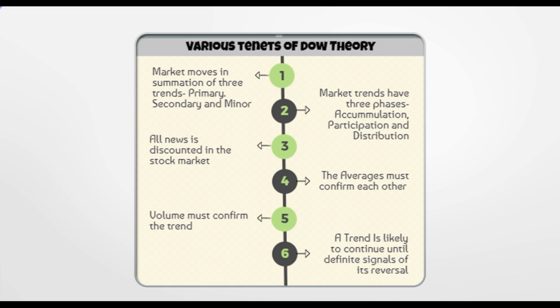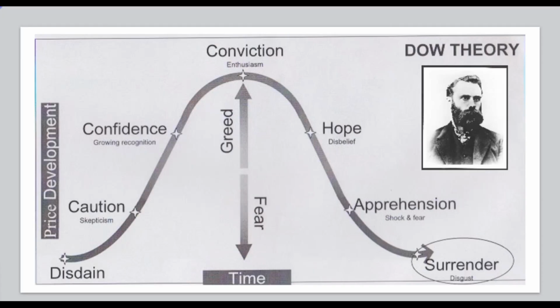Market trends have three phases: accumulation, participation, and distribution. All news is discounted in the stock markets and all markets. The averages must confirm each other. Volume must confirm the trend, and a trend is likely to continue until definite signals of a reversal.